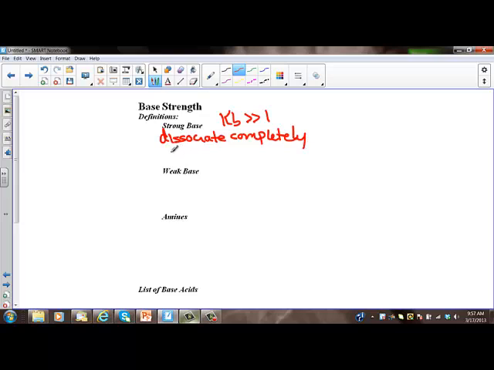We also know that our strong bases are usually hydroxides of group 1 and some group 2. They're called dibasic. And they don't really dissolve well in water, even though they're strong.